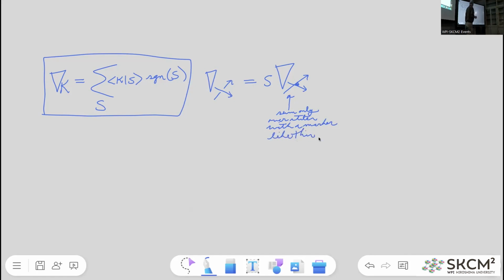Okay, so then there are also the states with a marker like this.